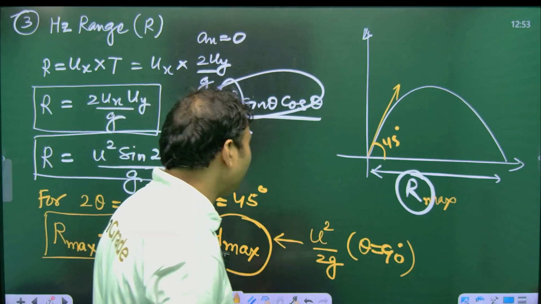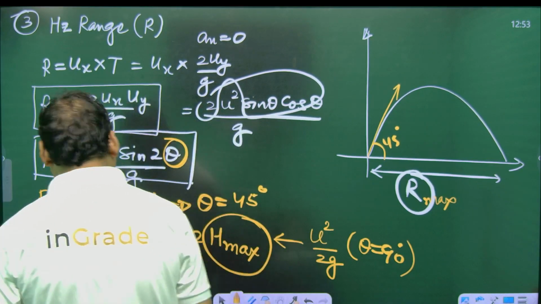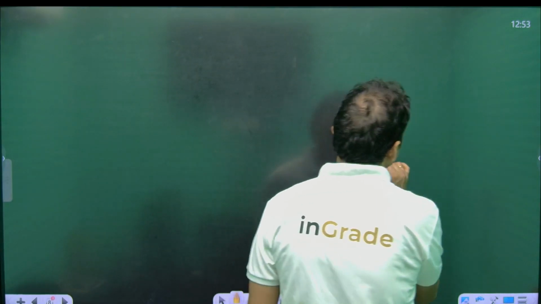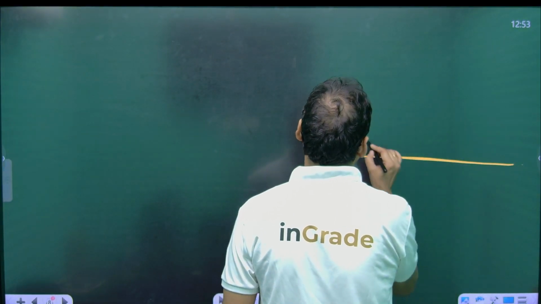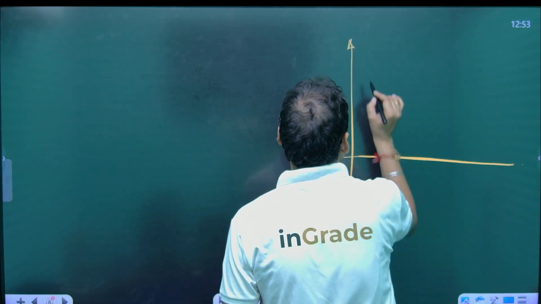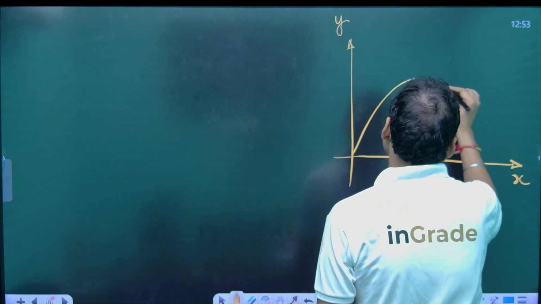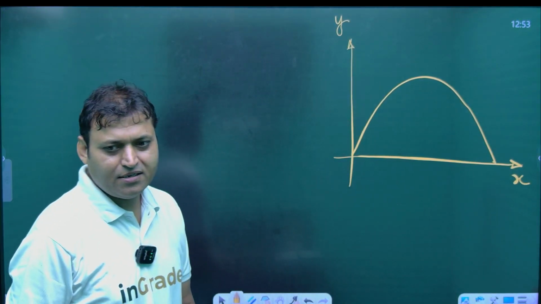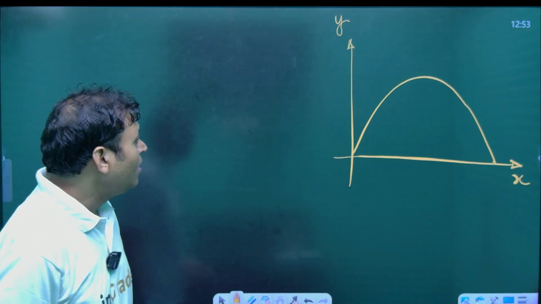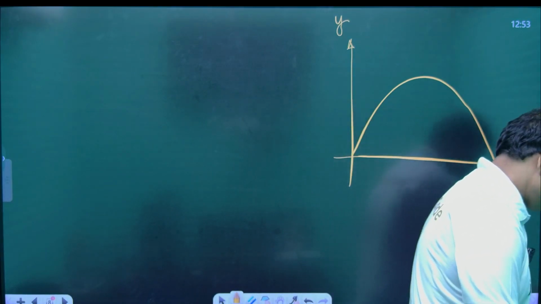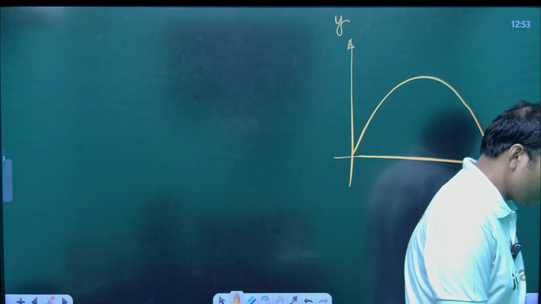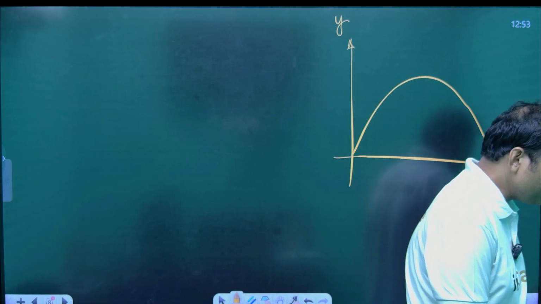Now from here, let us talk about some more interesting concepts. Look, this is going to be very, very important. Y and this direction is x. This is the projectile motion, right?